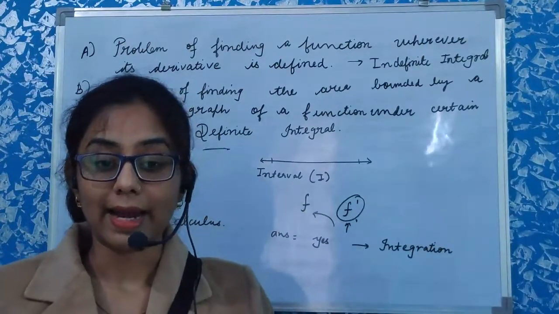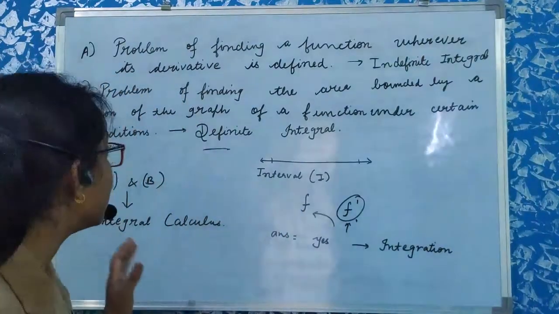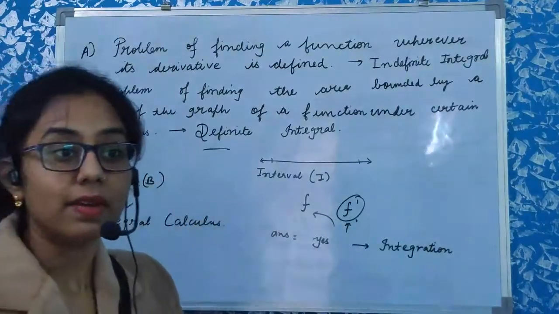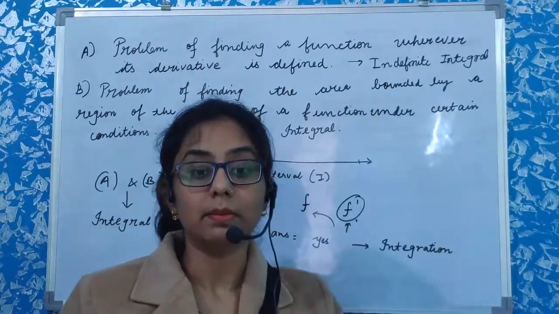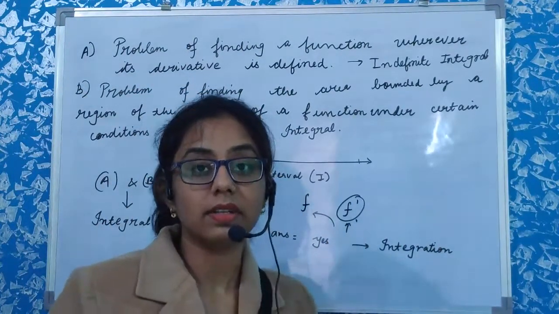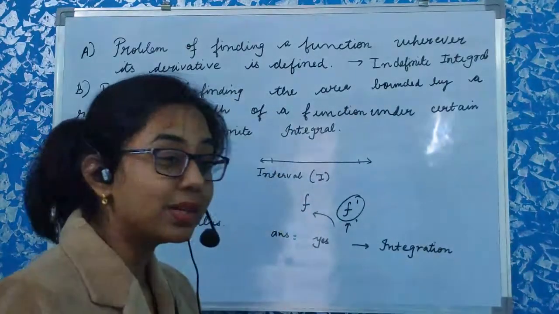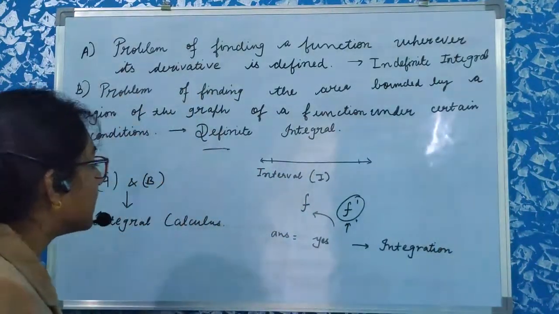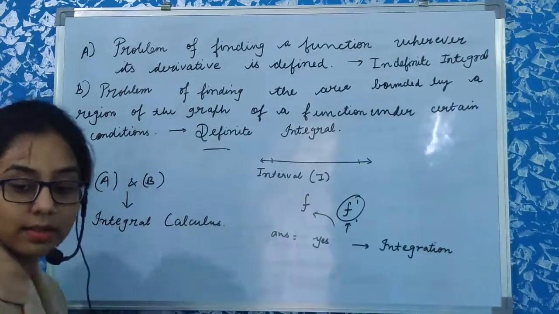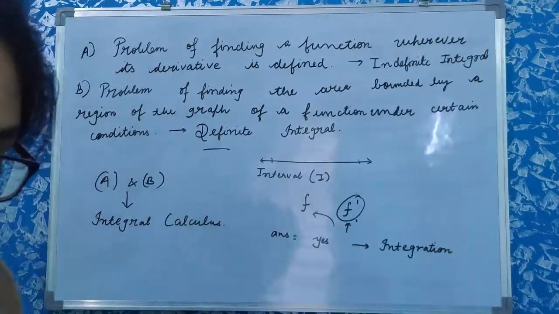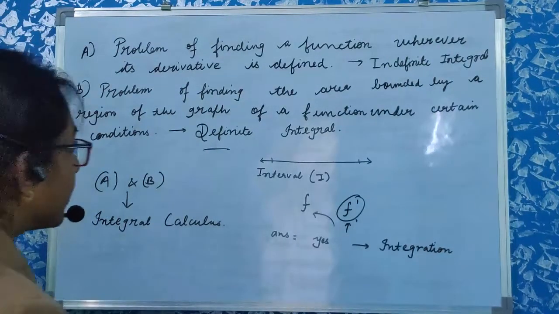In definite integral, we are dealing with problems where we are finding the area bounded by a region of the graph, and that too under certain conditions. I hope the definition is clear.